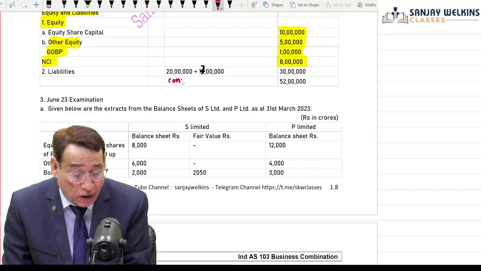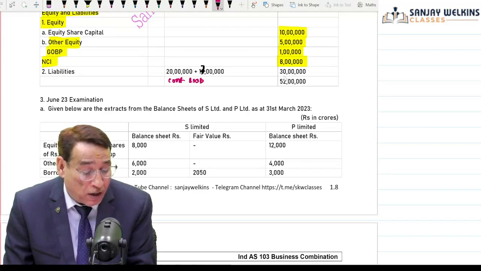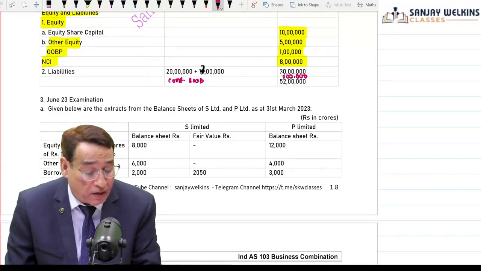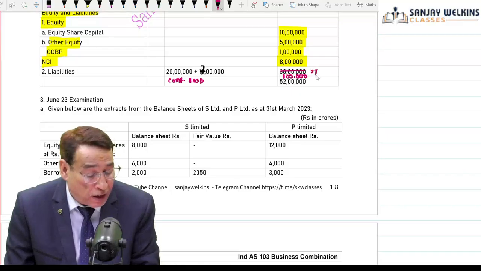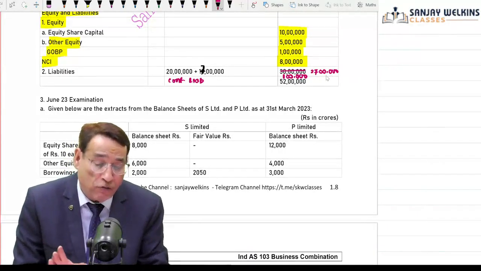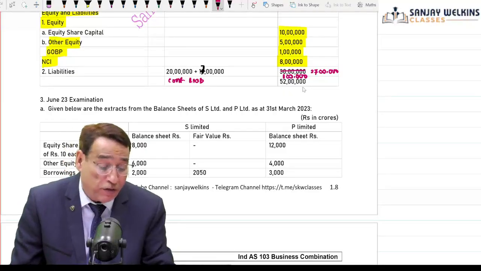You must not forget to write it, that is equal to 1 lakh. Liability will be 20 lakh plus 7 lakh, 27 lakh. Contingent liability 1 lakh, and your total will be equal to 52 lakh.